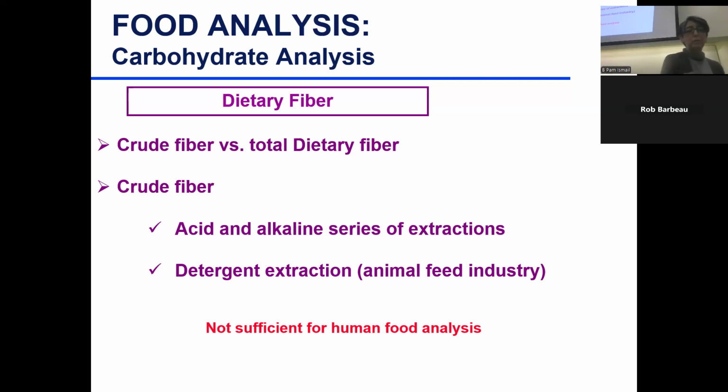So crude fiber methods are no longer used for food. They're only used for the animal feed industry. Okay, so you won't find anything about crude fiber in your book. It was removed since the fourth edition. But I just kept it in the lecture so that if anybody finds a crude fiber method anywhere, do not use it.